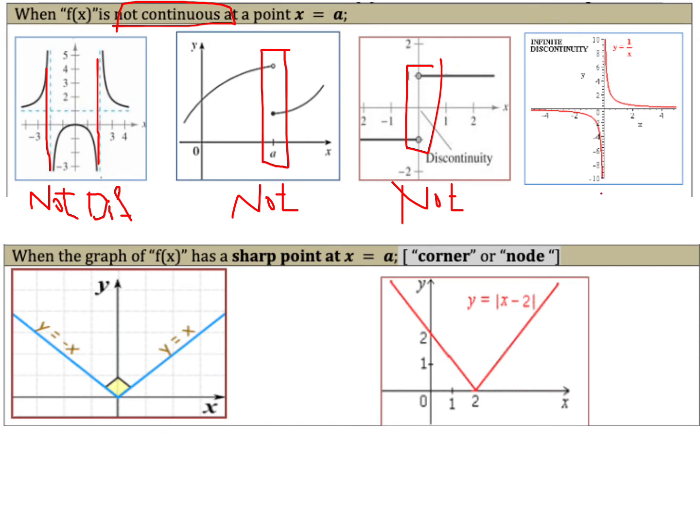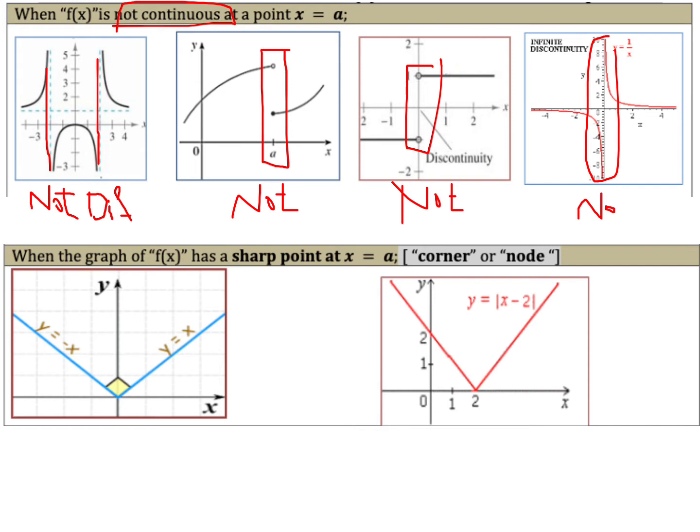And also here it's not differentiable because it is not continuous, because there is an asymptote or infinite asymptote here. So all these four graphs are not continuous at a certain point, which means they are all not differentiable.